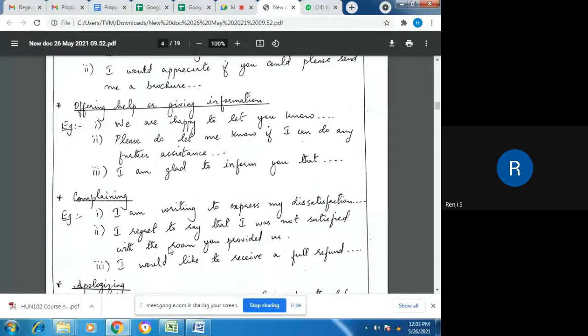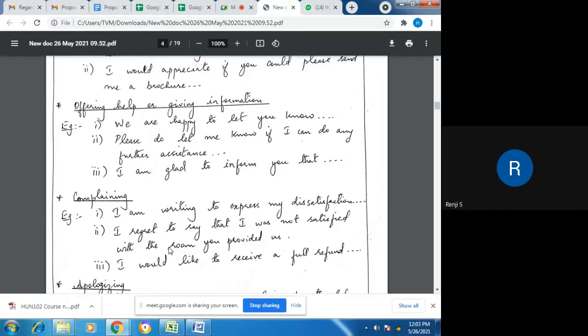If you're offering some help to another organization, you can state it like that. Or: I am glad to inform you that. If some happy news has to be informed, you can start with I am glad to inform. Okay. So these are sentences that offer some help or give some useful information.